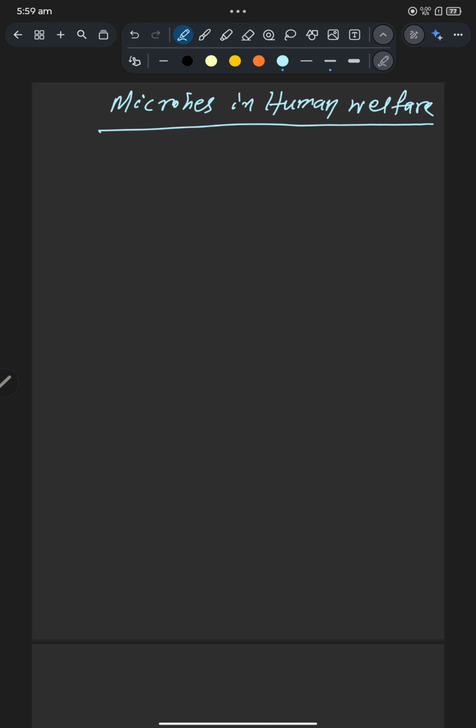Plants and animals are the major components, but besides that, microbes form one of the major components of the biological system on the earth. And these microbes are extremely abundant and diverse. There are varieties of microorganisms. Now let us see how the microbes are indispensable components of the ecosystem.